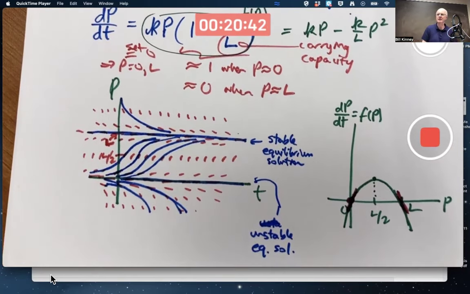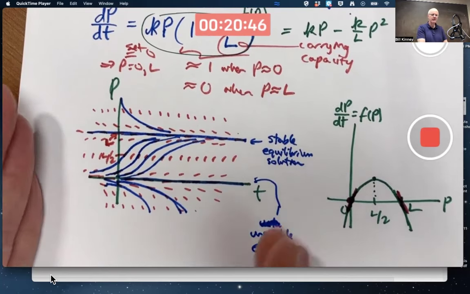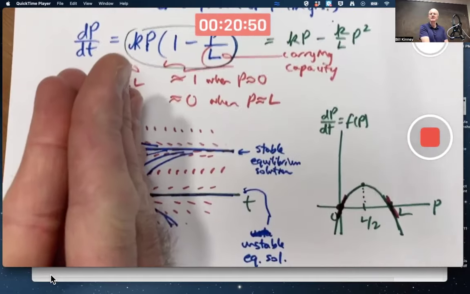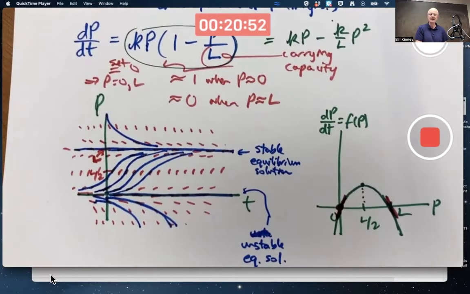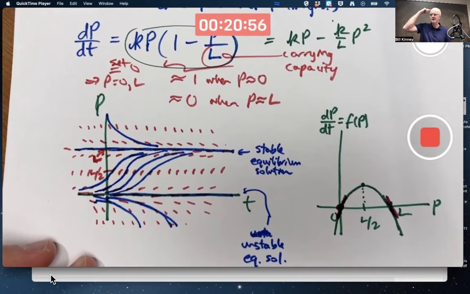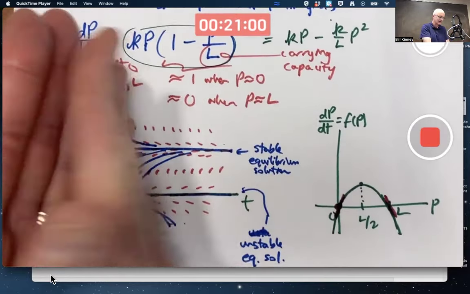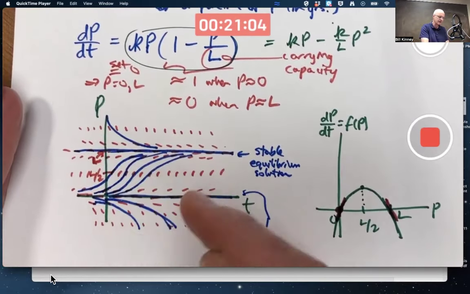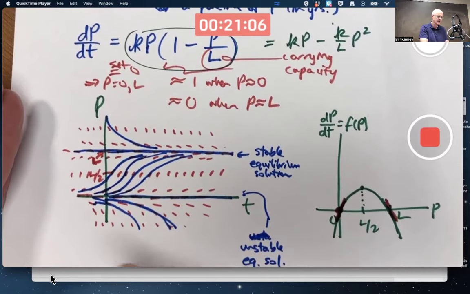Another thing that we do in DiffyQ with linear algebra a lot is we take slope fields for autonomous equations and collapse them onto the P-axis, effectively ignoring t, except in your mind. What do I mean by that? We say, hey, solutions in here are going up, solutions up here are going down, solutions down here are going down.